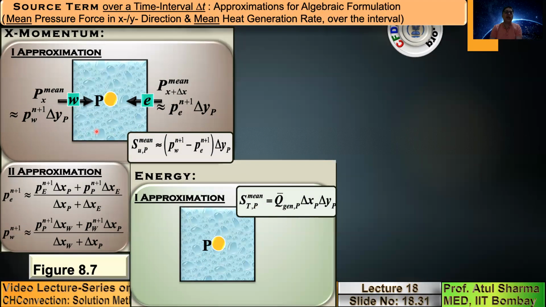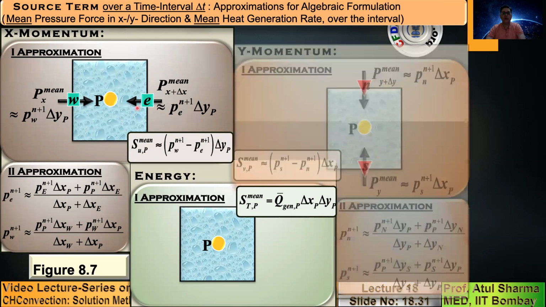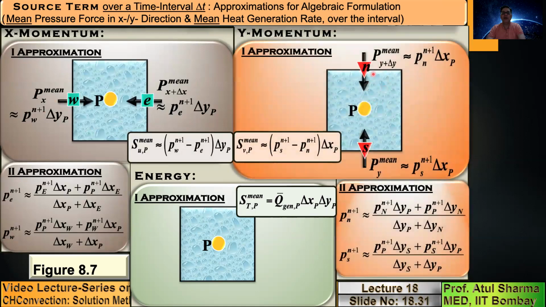Pressure is a scalar. However, when it is acting on a surface, it acts normal to the surface and it is compressive in nature. So, to calculate the net pressure force, although pressure force acts normal and compressive, for x momentum I'm showing you the arrows in the horizontal direction, and for y momentum, I'm showing you the arrows in the vertical direction.